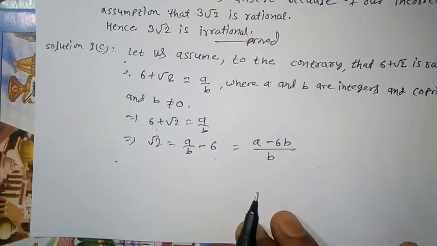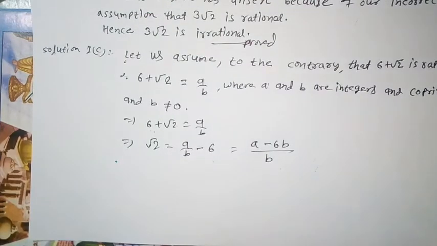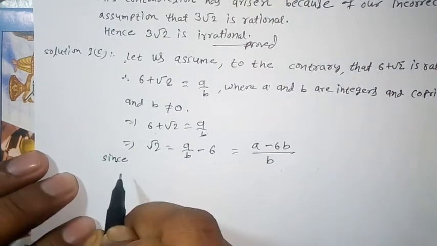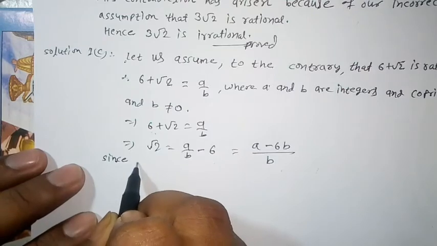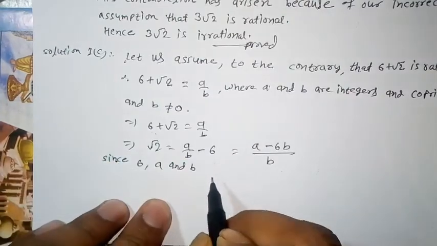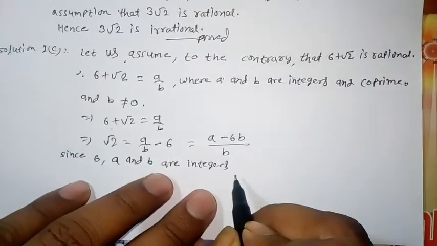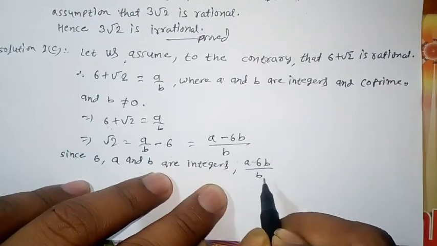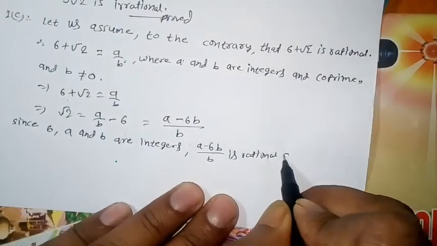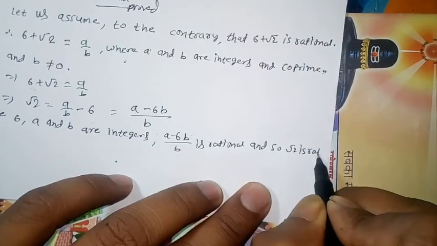Now again write, since 6, a and b are integers, a minus 6b by b is rational, and so root 2 is rational.